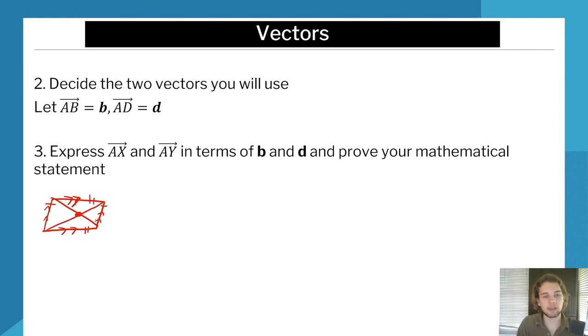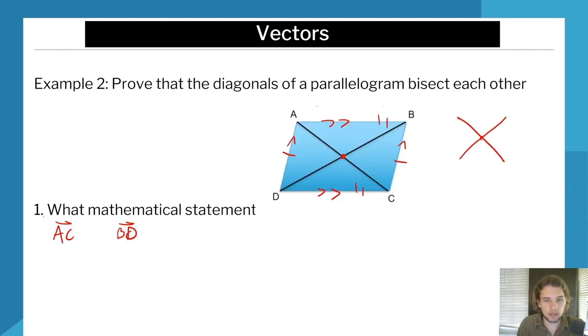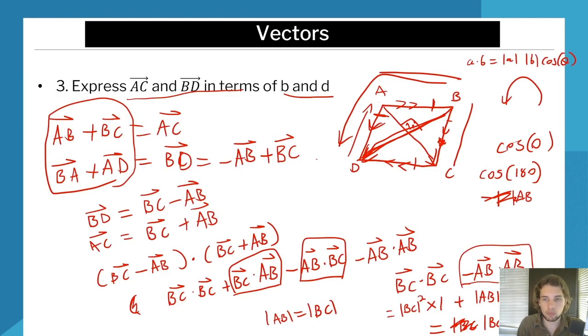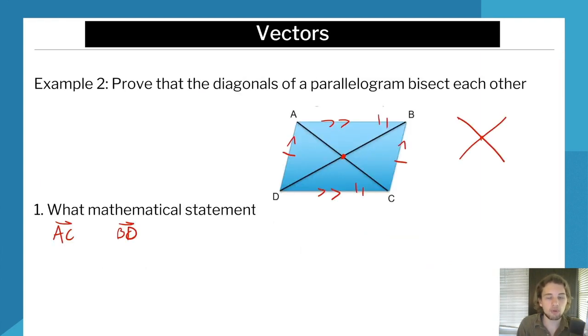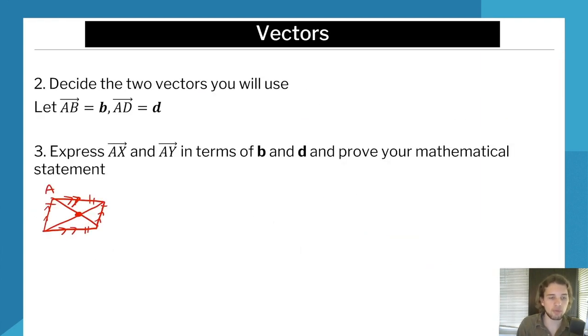Trying to prove that in the middle they're halfway. So we're going to pick an origin for a question like this. Unlike the question over here, where we were proving something about direction, now we need to prove something about a position. We want to prove that the position at which they are both halfway matches. It's the same position, therefore they intersect at that halfway point and chop each other in half.